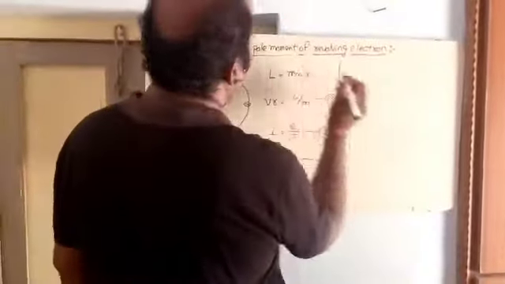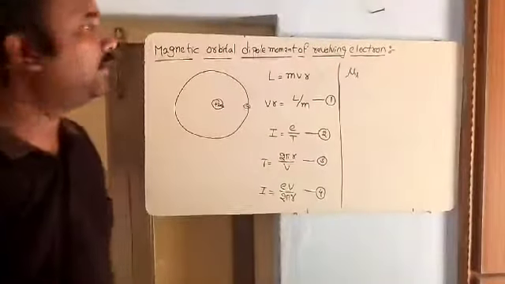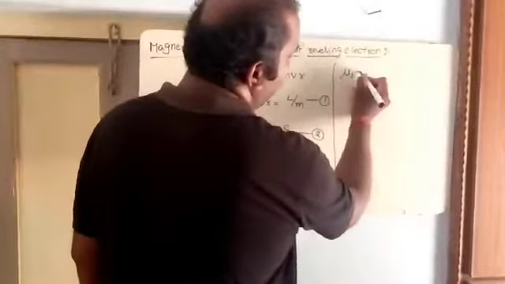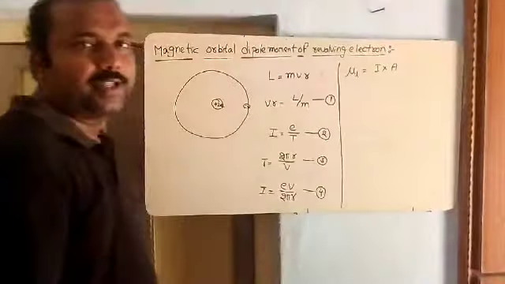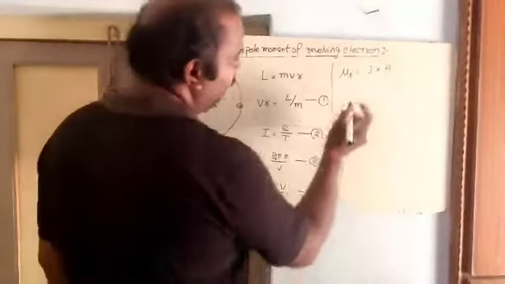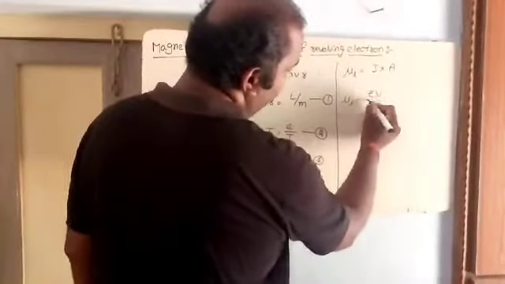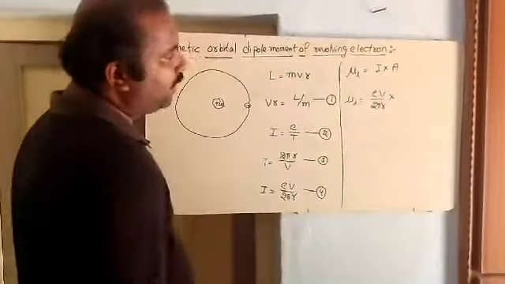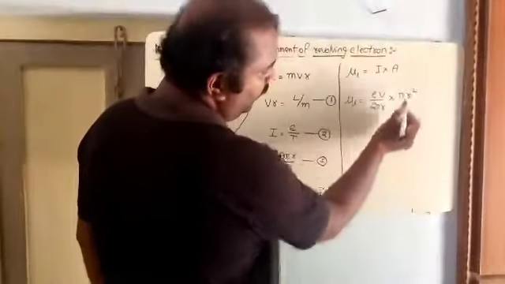The magnetic orbital dipole moment, I can use the letter mu L. The mu L stands for magnetic orbital dipole moment, and it is nothing but a product of current into area, I into A. In place of I I can substitute this equation, that is mu L is equal to EV by 2 pi R into, in place of area I can use pi R square.